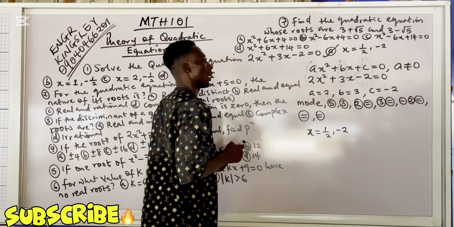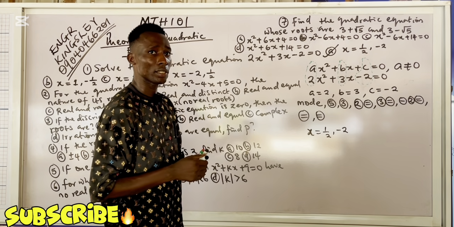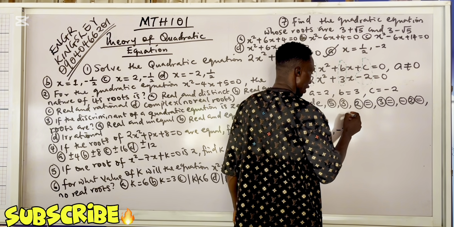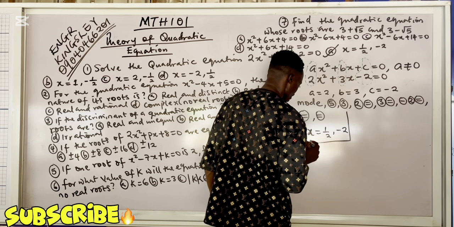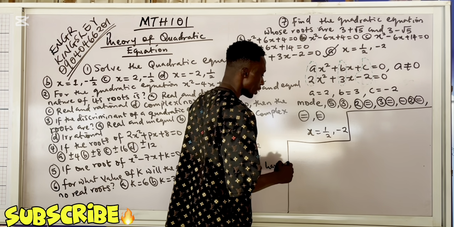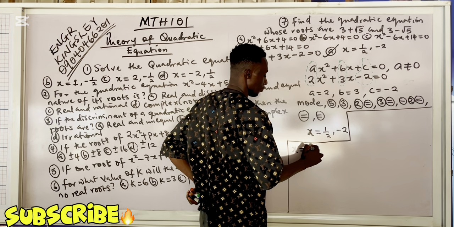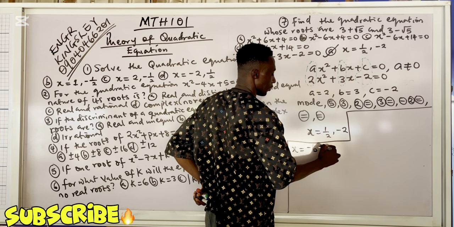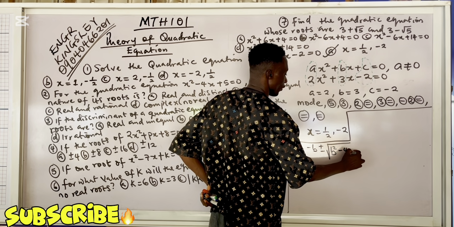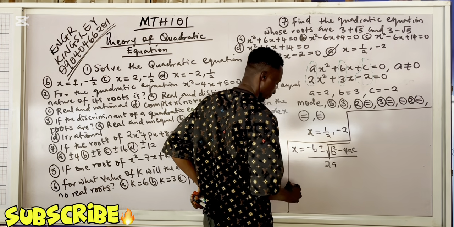1/2 and minus 2. If you are asked to show full working, a good thing to do is to use the general formula or the factorization method. If you want to use the general formula, you remember that x equals minus b plus or minus the square root of b squared minus 4ac, all over 2a.